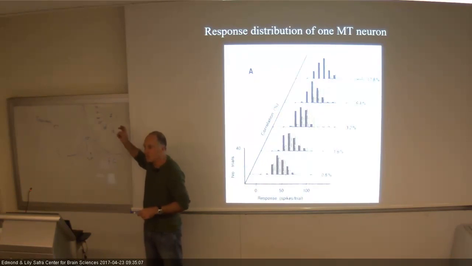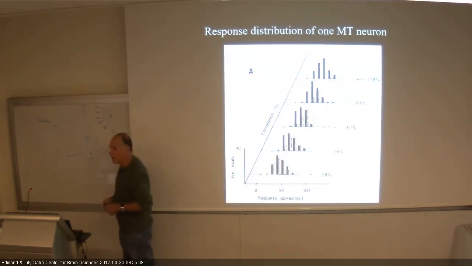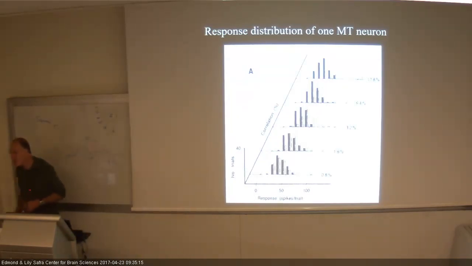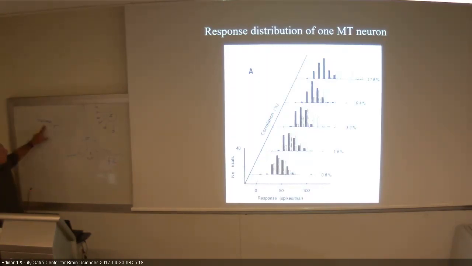I think the two axes should be reversed, right? The two axes should be reversed? This is fine. That's frequency, meaning the chances that you fired a given number of spikes.